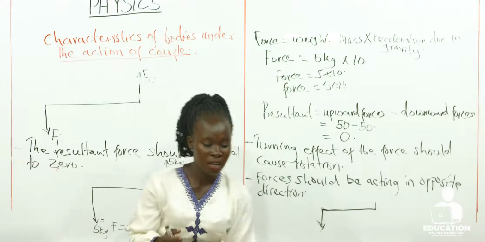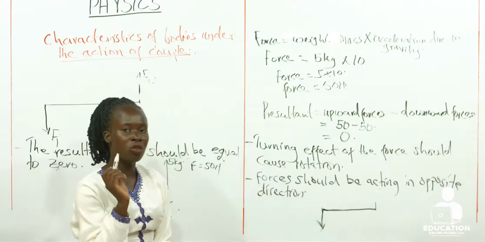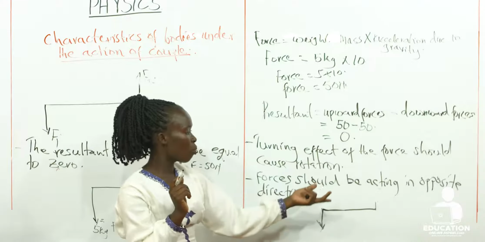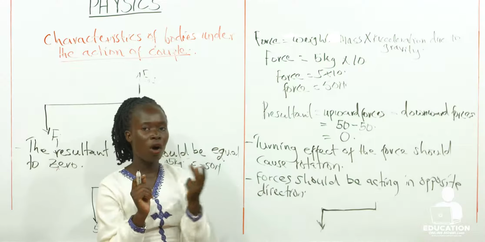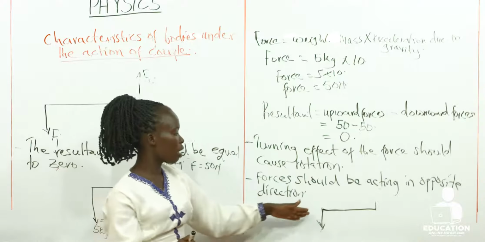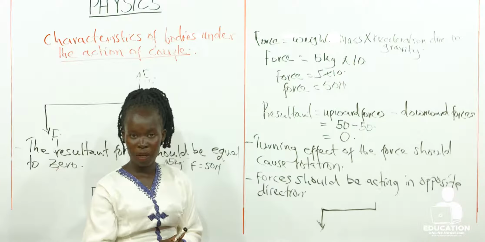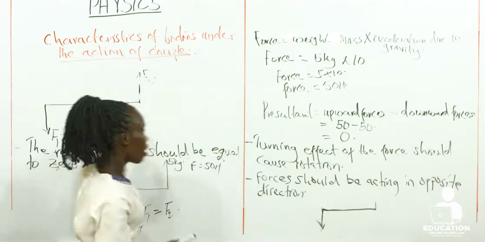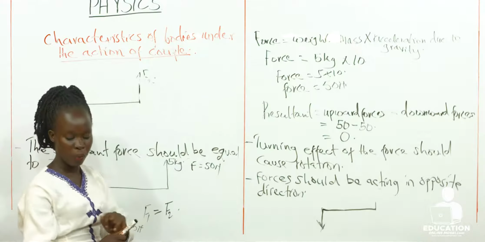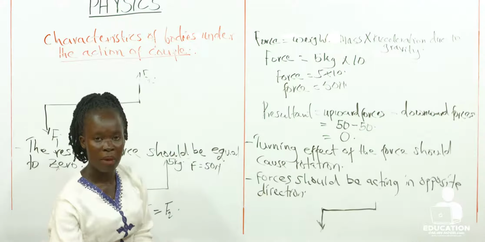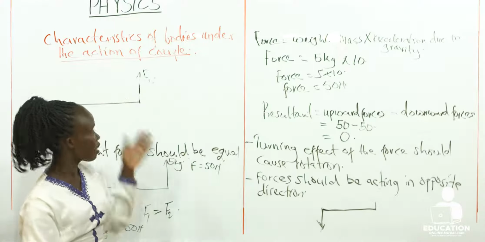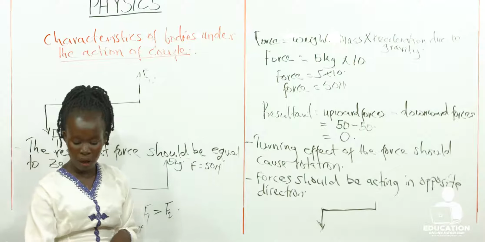So I need forces, two or more, acting in opposite direction. When they're acting in opposite direction, that body is already acting under the action of a couple. So those are the major three characteristics of a body under the action of a couple.